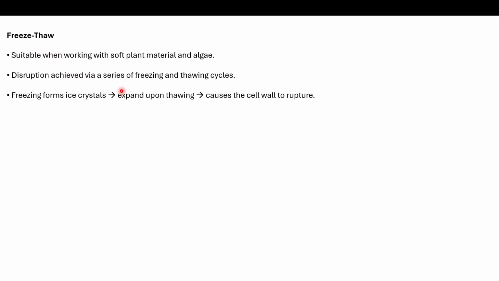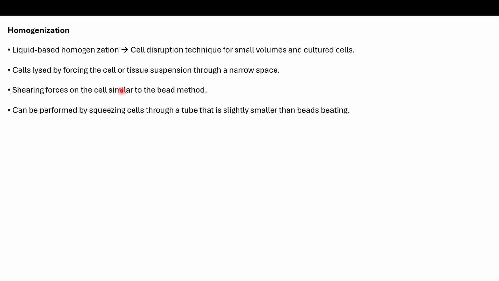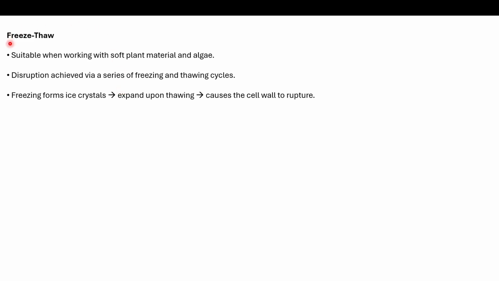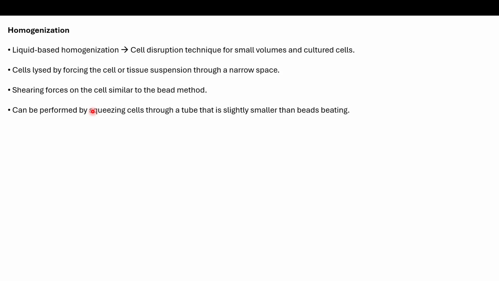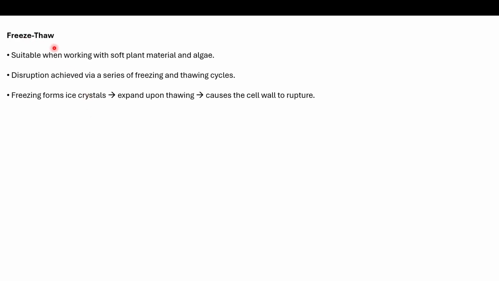So till here it was all mechanical ways of disrupting the cells. Okay. Now in freeze thaw, here you are not using some external agent. Usually, not only in case of proteins, just cell stocks, you can prepare cell stocks, right?